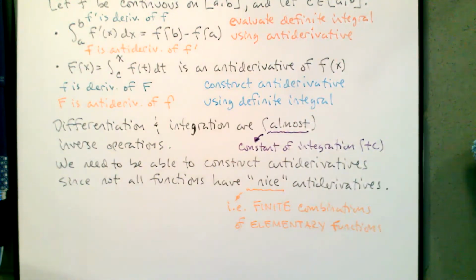For those functions, the antiderivative is not a finite combination of elementary functions. To write the antiderivative, we have to either use an infinite combination of elementary functions or a finite combination of non-elementary functions. Elementary functions are all the functions that you've encountered thus far in your mathematical career. So when we're forced to construct an antiderivative using the second fundamental theorem of calculus, we are usually constructing a non-elementary function.